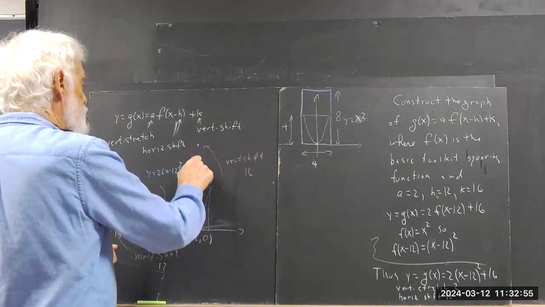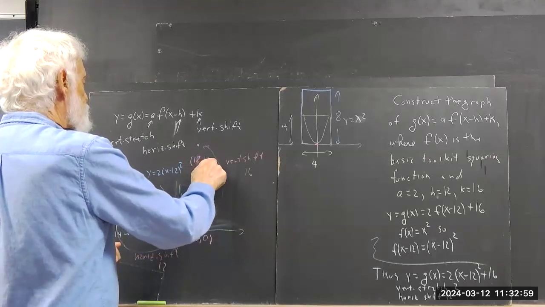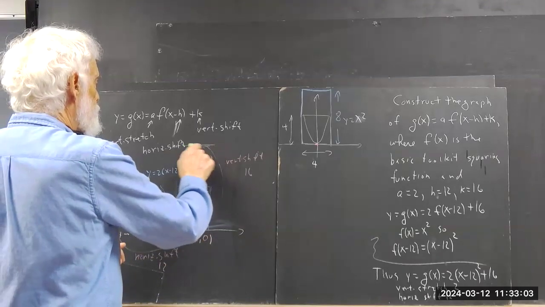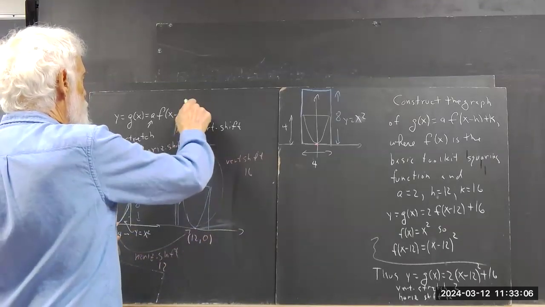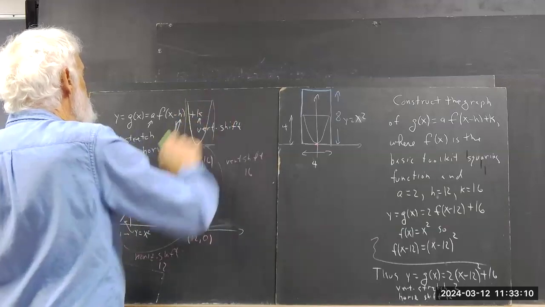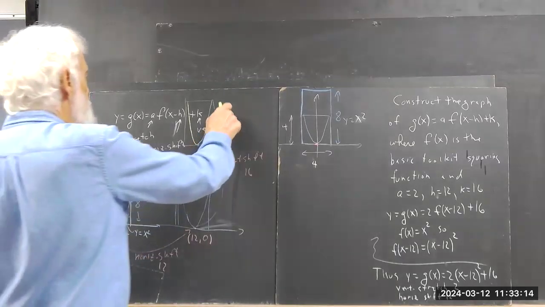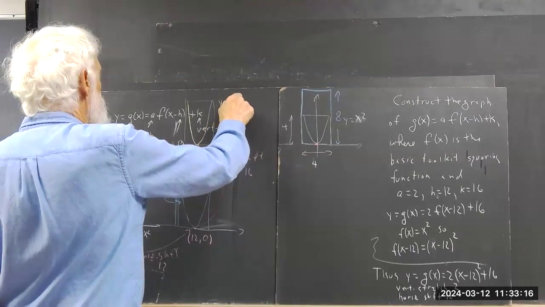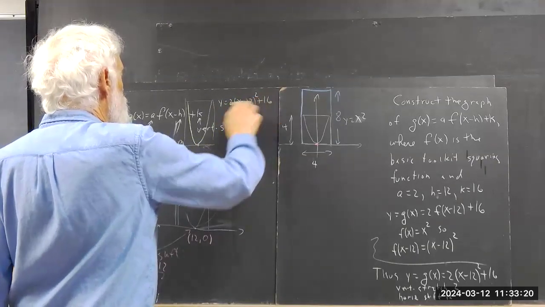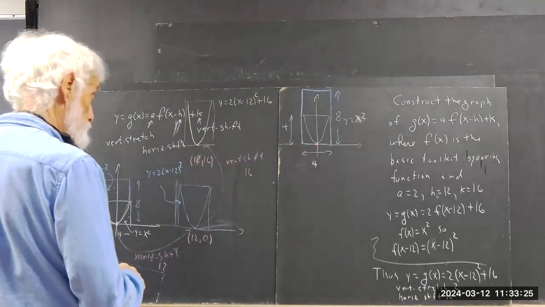So this point is now at 12, 16. And we can draw our 8 by 4 rectangle. And right here is our graph of y equals 2 times the quantity x minus 12 squared plus 16.